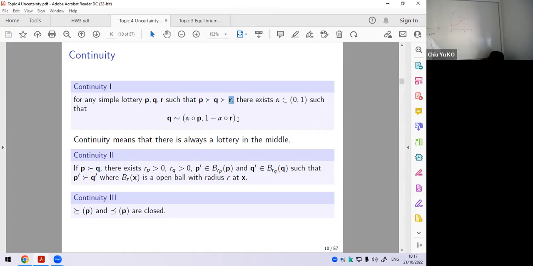You think this is something like Q, like here. If this is P and this is R, you have some way of mixing them that is the same as Q, along this line. Is that clear? So I think these two are pretty intuitive.